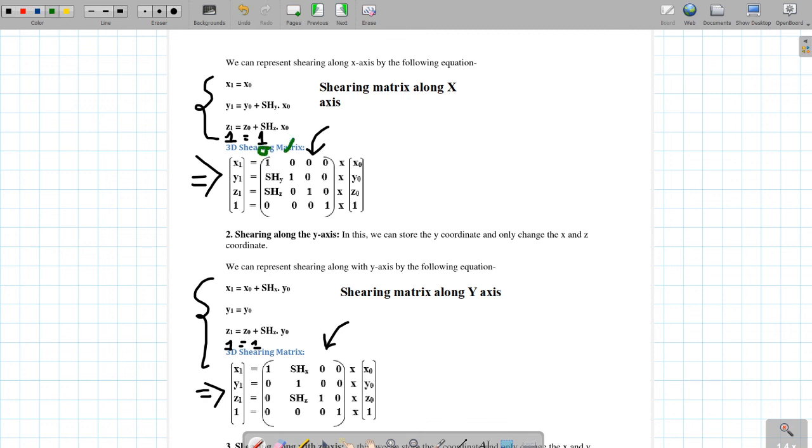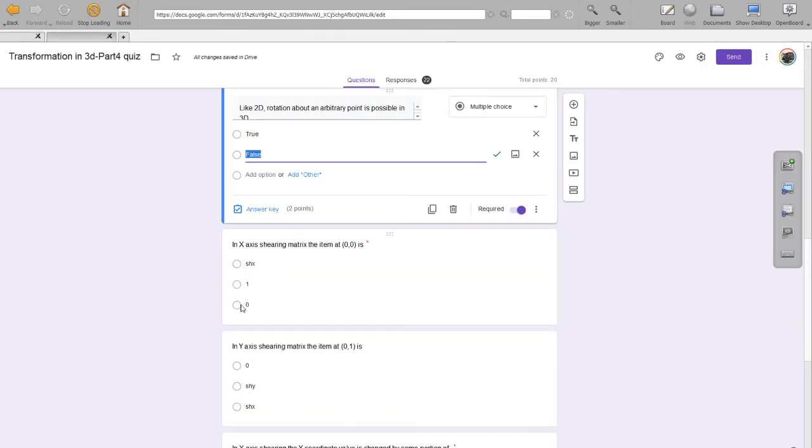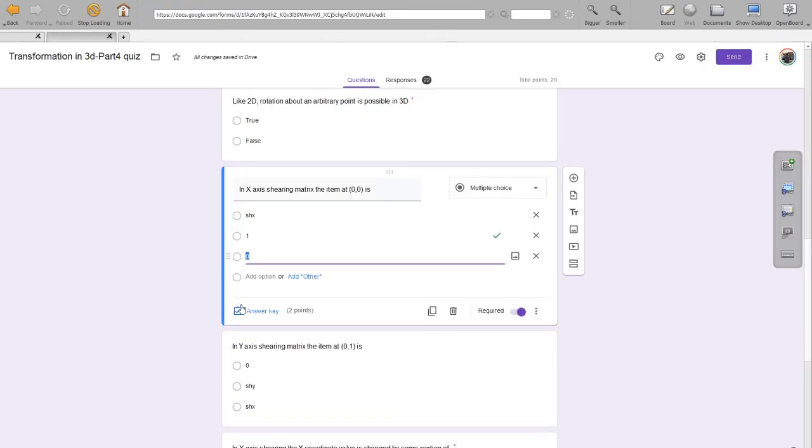First column with index 0, second column, third column, and fourth column. First row, second row, third row, and fourth row. So the item at location 0, 0 is 1. You can see here. So the option is this one, second option.